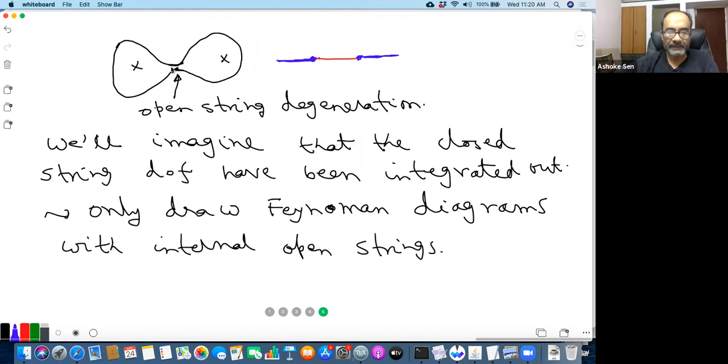You can think of this as an open string propagator connecting to a disk with one closed string. That's this vertex. So this is a closed string open string vertex, and this is another open string connected to a closed string via a disk. So that's another open string closed string vertex. So this will be one of the Feynman diagrams that contribute to the disk 2-point function.